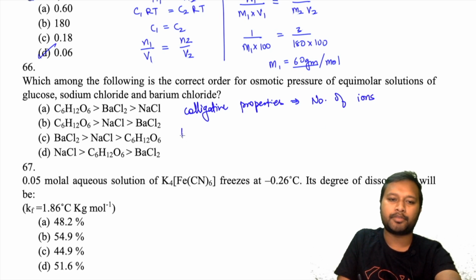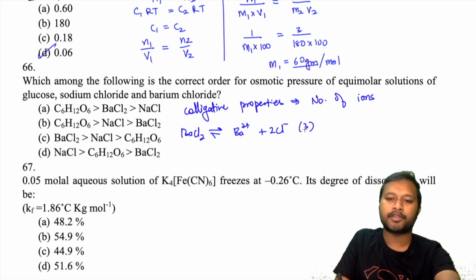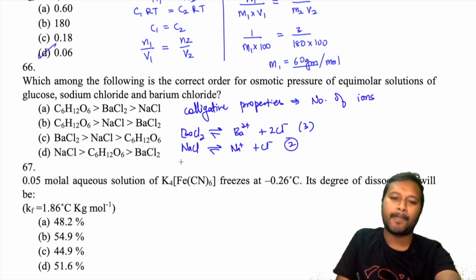If you look at this, barium chloride is going to break into barium 2+ and 2 moles of chloride, so in total it dissociates into 3 things. NaCl is going to dissociate into Na+ and Cl-, so into 2 things. Talking about glucose, C6H12O6, this is not going to dissociate at all, so C6H12O6 will remain as it is. So 1.